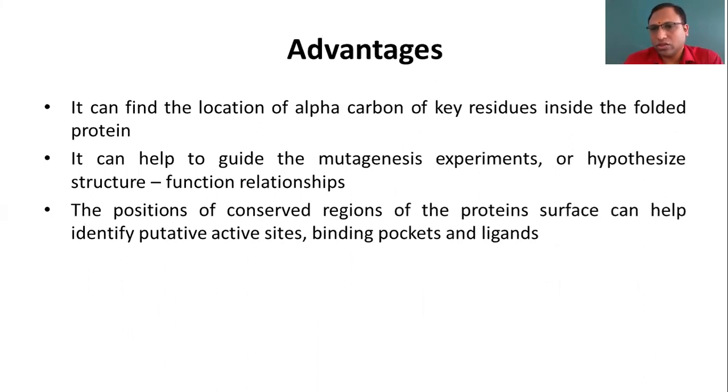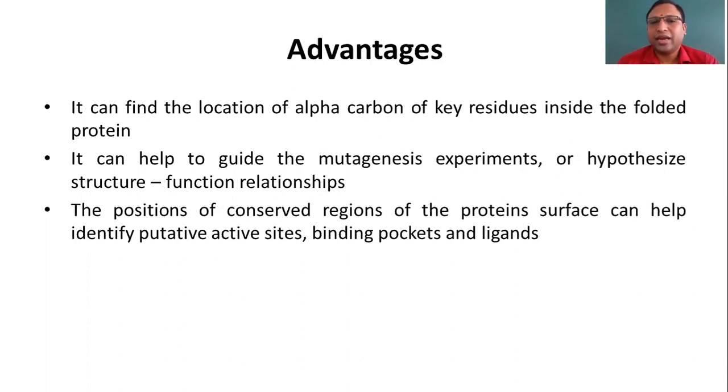So what are the advantages of homology modeling? It can find the location of the alpha carbon of key residues inside the folded proteins. Finding the alpha carbons is the most important thing. We can check the distances between the alpha carbon and the beta carbon, or the alpha carbon and the nitrogen, and how they sit in the structure.